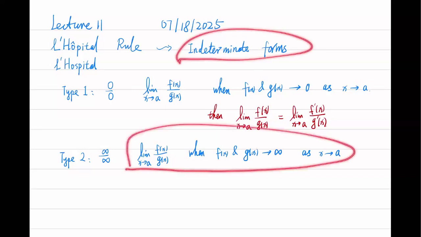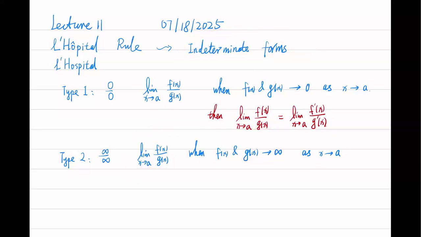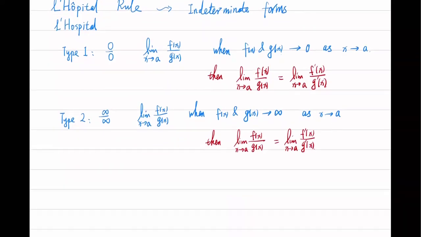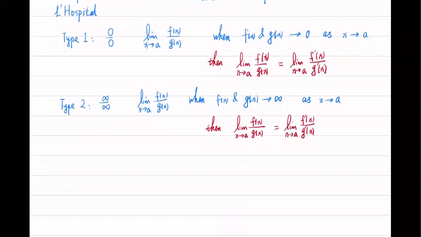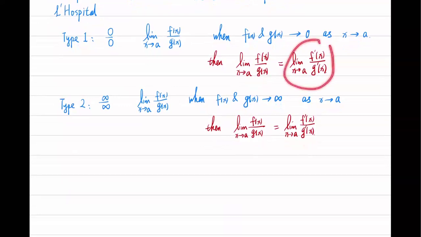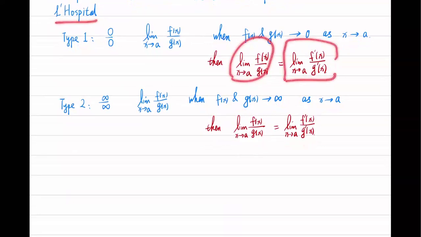If the limit is of this form, we have the L'Hopital rule. In this process, we would expect this limit becomes easier. So we apply L'Hopital rule to make the limit easier, but they have the same limits.